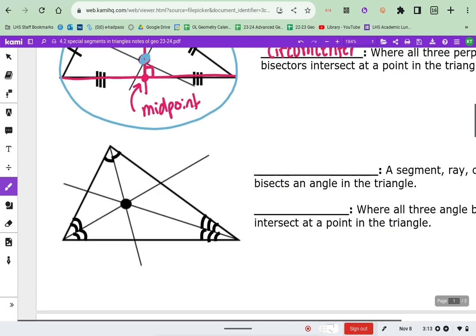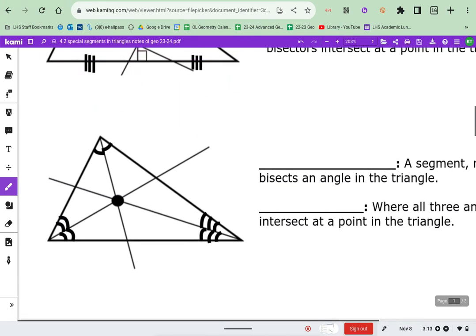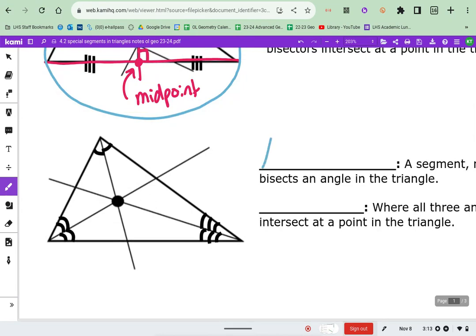Okay, so anyways, last one. These last ones are angle bisectors.